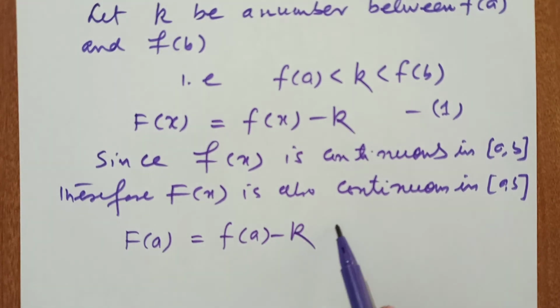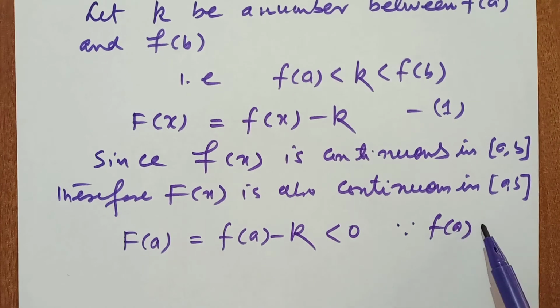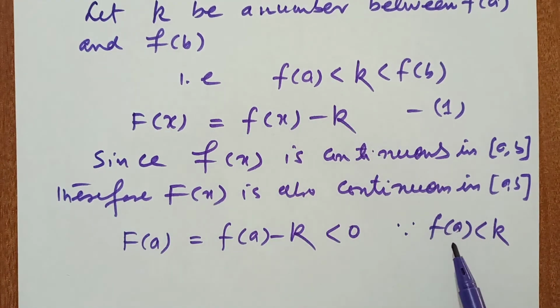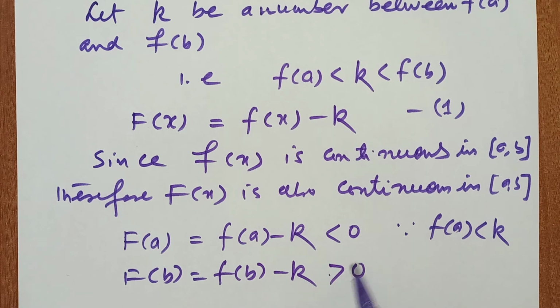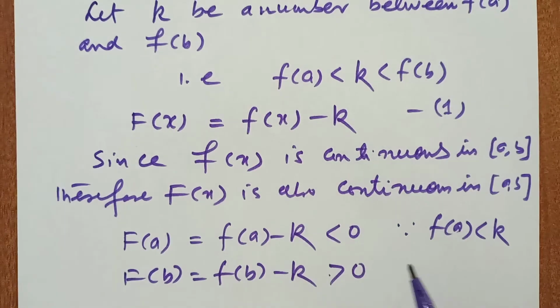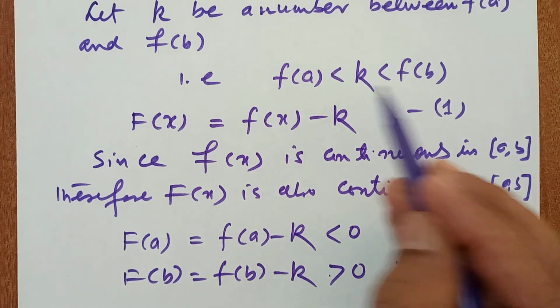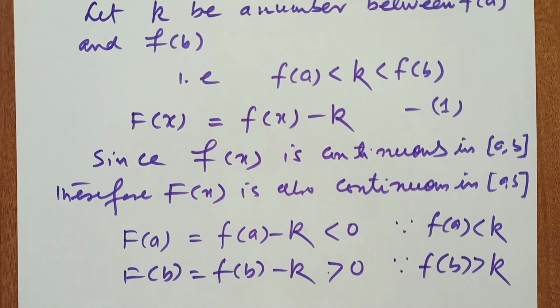This is less than 0 since f(a) is less than k. And F(b) is equal to f(b) minus k. This is greater than 0 since k is less than f(b), so f(b) is greater than k. Therefore, F(b) equals f(b) minus k, greater than 0.